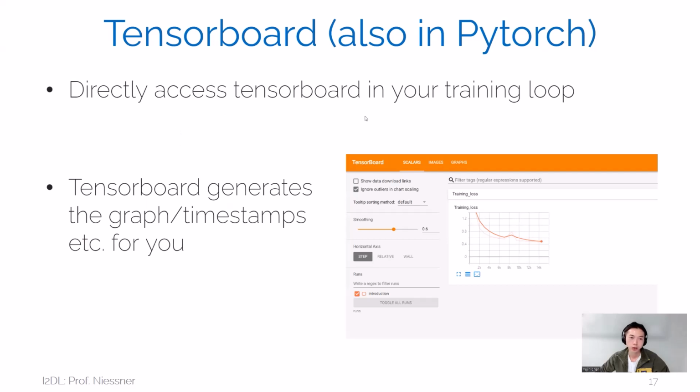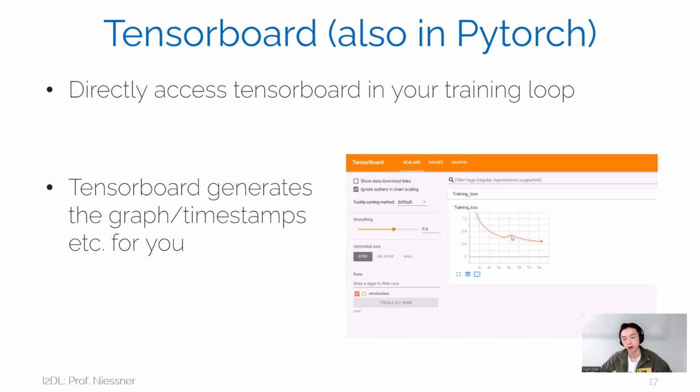Here, what you do is directly access TensorBoard in your training loops. What TensorBoard does is generate the graph or the time steps for you. Here, you want to record those functions in each iteration, since we want to monitor what's going on with the training process, right?